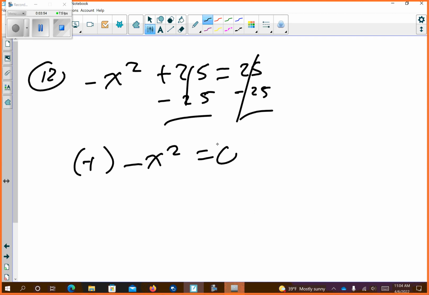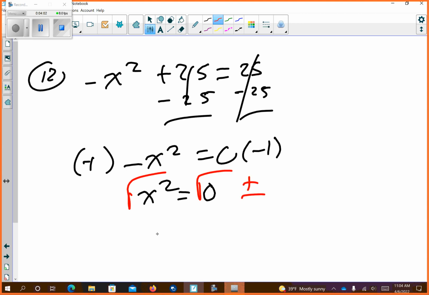Multiply both sides by negative 1. This is the only time that when you root, the plus minus isn't really needed. The square root of 0 is 0, so you could have plus or minus 0, but you realize 0 is not positive or negative. So if you put either of those answers, you're totally right.